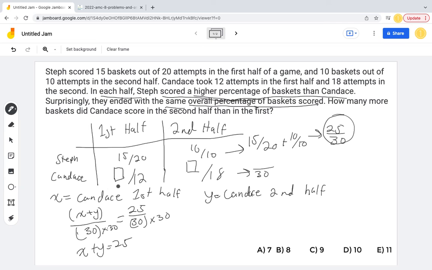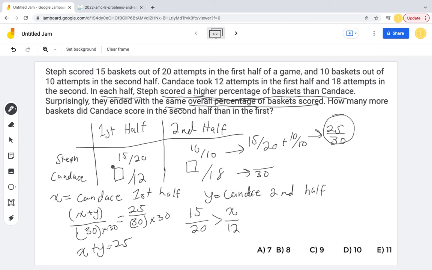So now here comes the part where Steph scored a higher percentage. We can express this by saying in the first half, Steph scored 15 over 20, so Candace is going to have scored a lower percentage of baskets. We can say that 15 over 20 is greater than x, which is our first half variable, over 12.